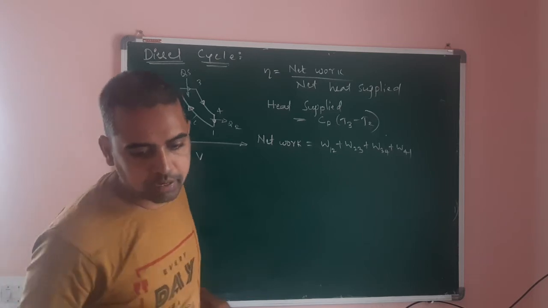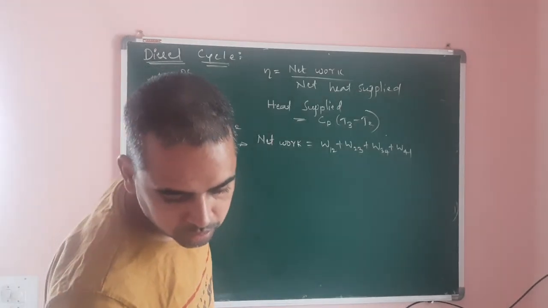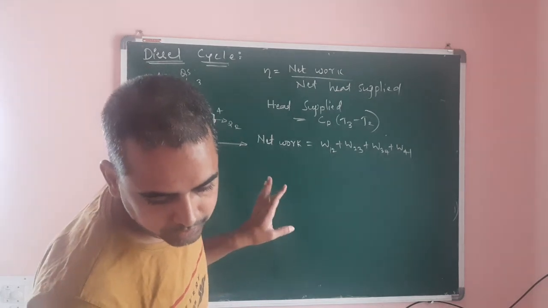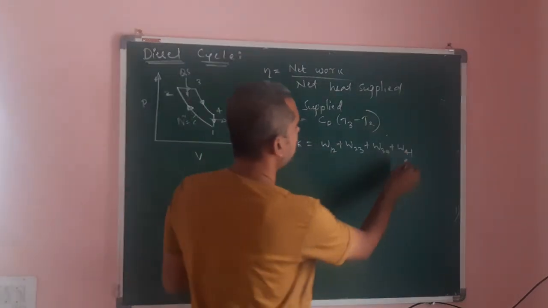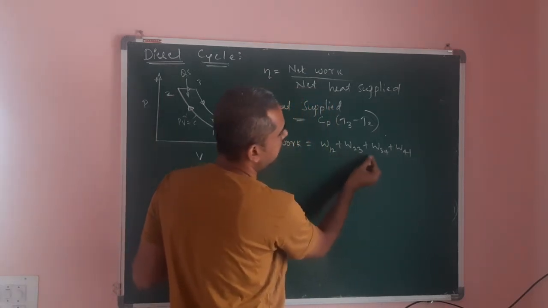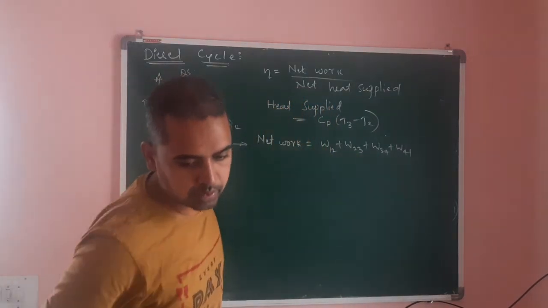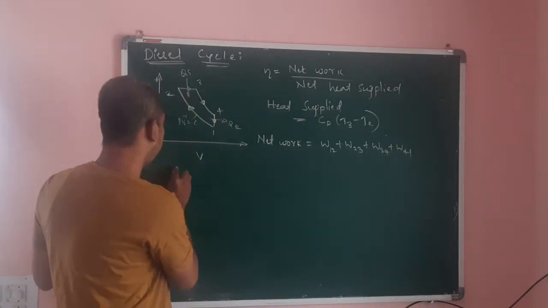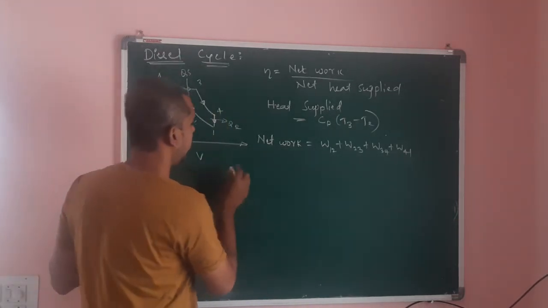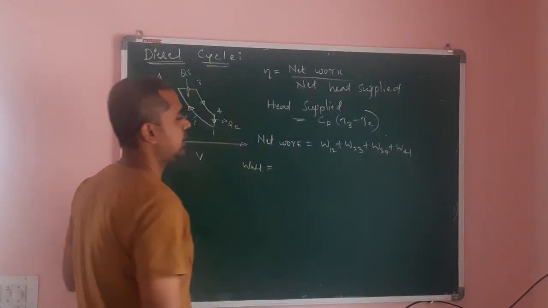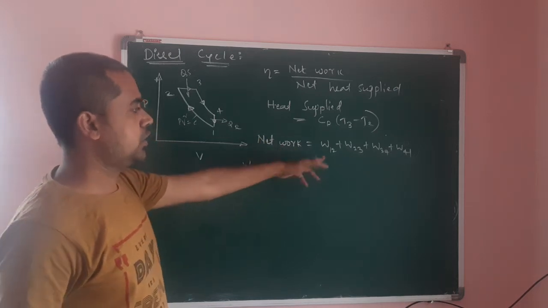Now I will write the expression for net work done. 4 to 1 is 0. I will write W2 to 3, 3 to 4 and 1 to 2. Just now in the table we have written the work done during the process.